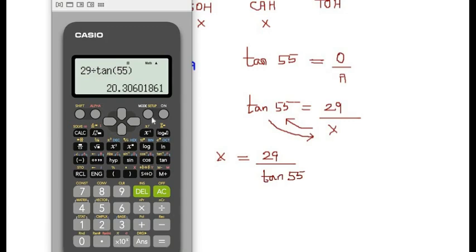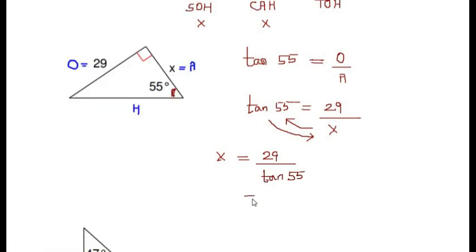So let's see what we get, 20.30. So we have it here as 20.30. So this is the side. So we can say 20.30 units or just 20.3 because x is a side.